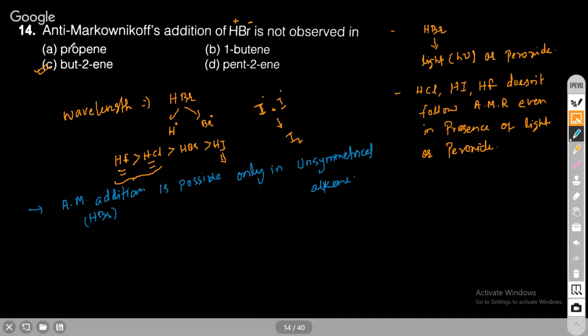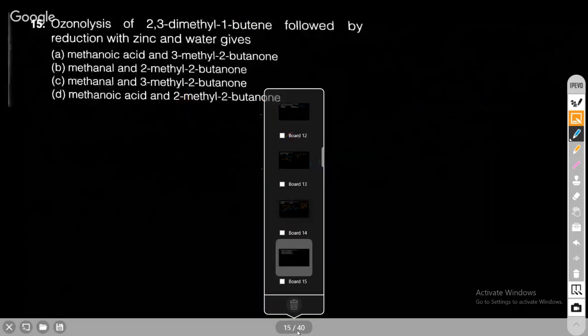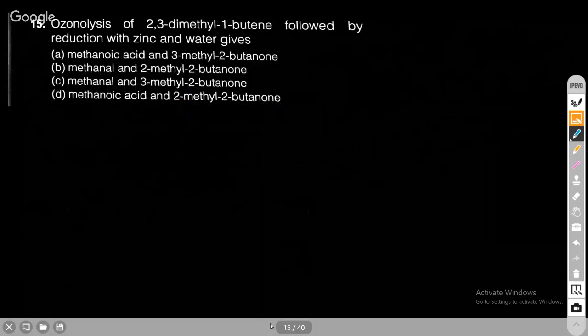You see, all these alkenes are unsymmetrical except the third one, butene. That's why the answer is option C. Correct? Next question. Tell me this one.